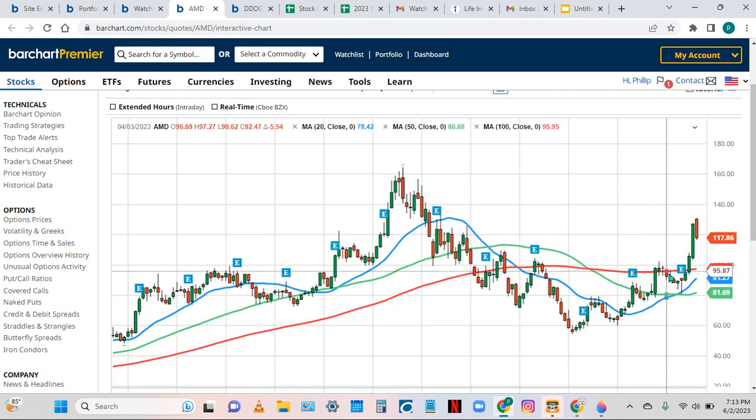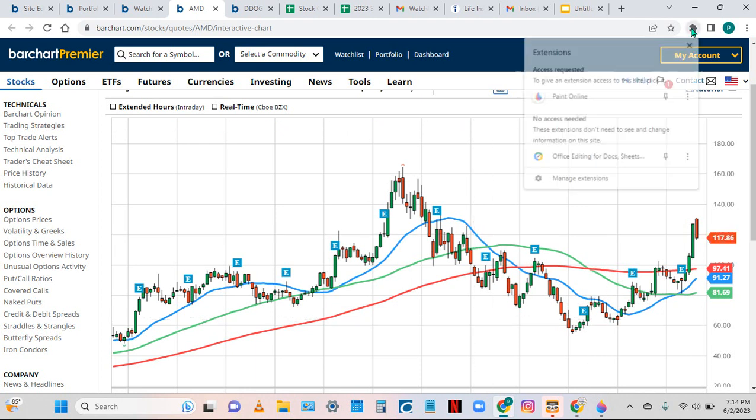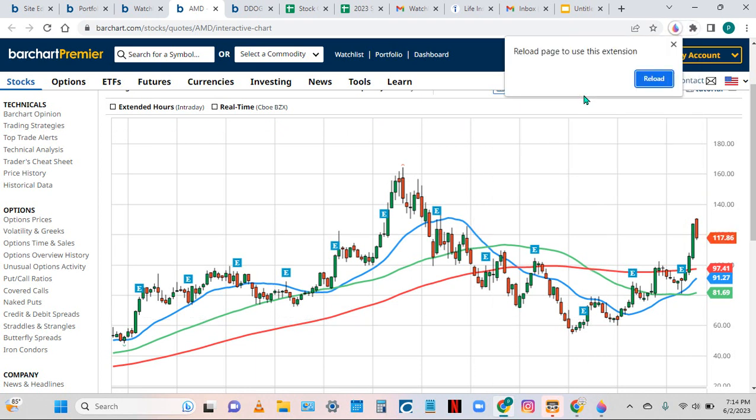See some of these breaks here, and recently in the last 4 weeks it has just accelerated in price tremendously. AMD was down below 60 bucks. Now we're up, closing on Friday at 117.86. So again, if you can read these charts, you can take advantage of these opportunities. And you can even see on this chart, this is a weekly chart.